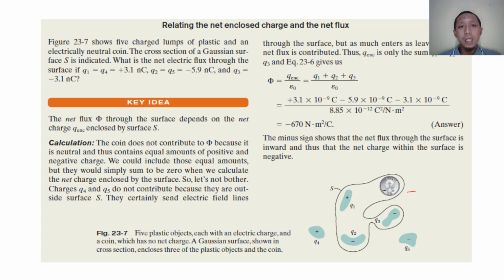What is the net electric flux through the surface if Q1 equal to Q4 is plus 3.1 nanocoulomb, Q2 equal to Q5 is minus 5.9 nanocoulomb, and Q3 is minus 3.1 nanocoulomb? So the key idea is the net flux through the surface depends on the net charge enclosed by the surface S.